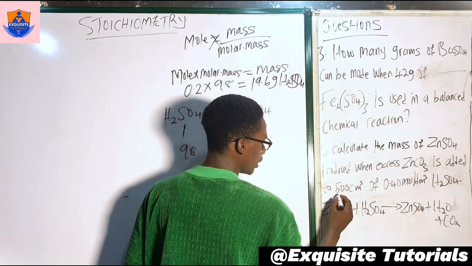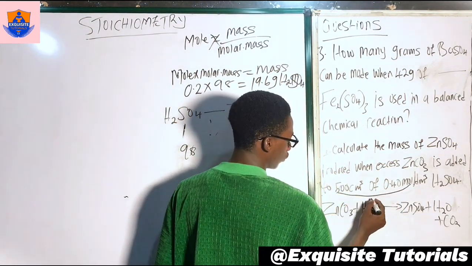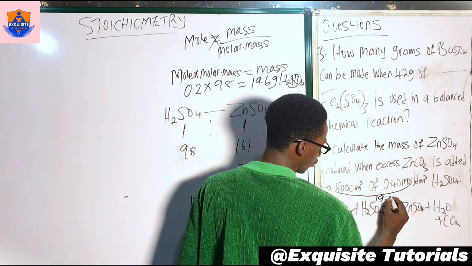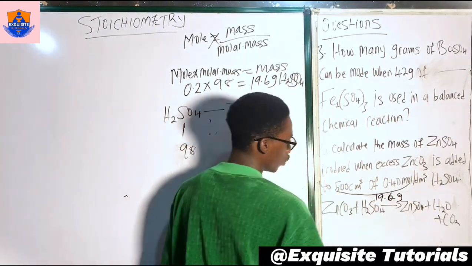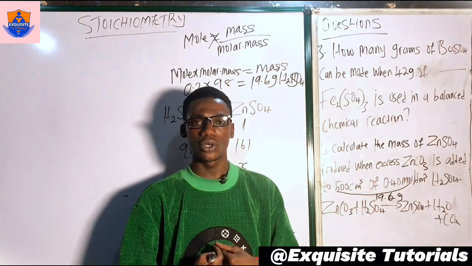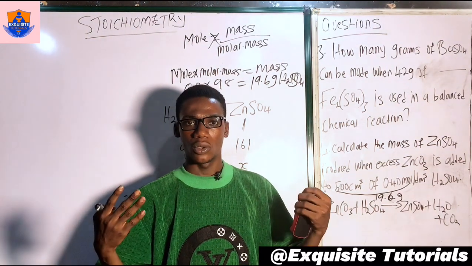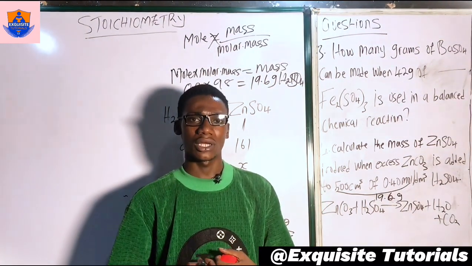Now, meaning this whole thing here is trying to say it is 19.6 grams. So now, on stoichiometry, they actually use questions or parameters to confuse you and test your understanding of stoichiometry.